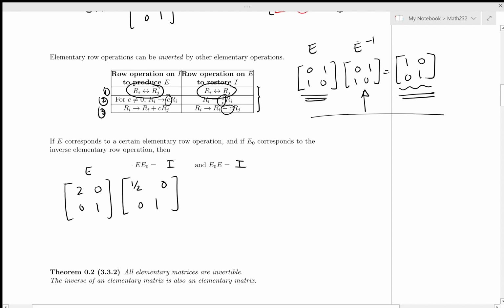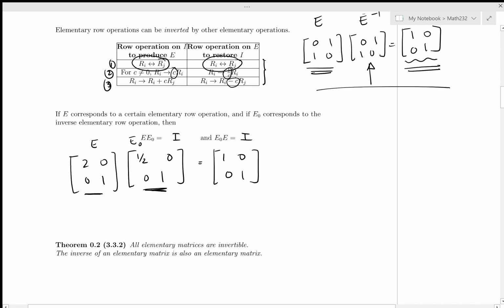Now when I combine these two, I expect that the impact on A is going to be nothing. It's going to leave A unchanged. That means that the product of these two has to become the identity matrix. So let's just see if that's the case. We perform the multiplication. We see that is the case. So if I were to multiply A by this, and then multiply by that, I would find that A remained unchanged after the second multiplication.